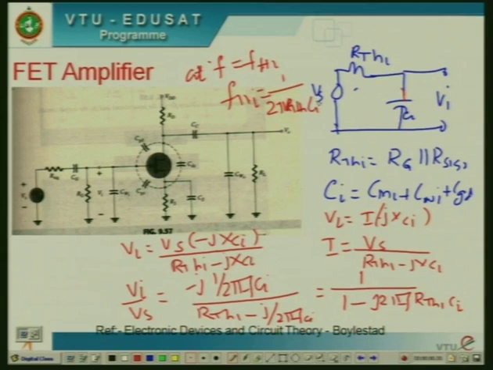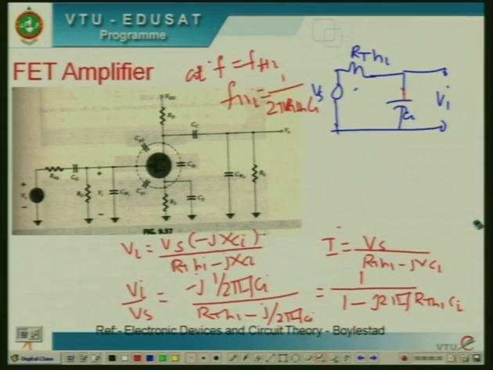From this circuit analysis, we got the gain of the amplifier Vi by Vs equal to 1 divided by 1 minus j f by fHI.